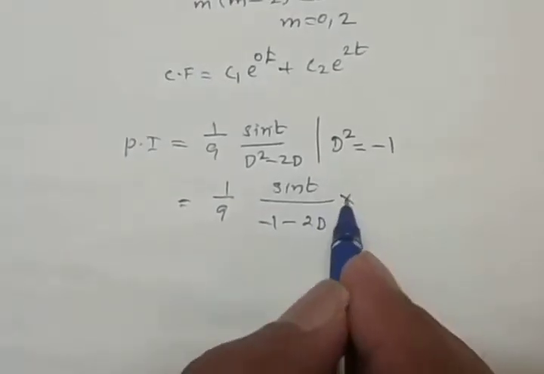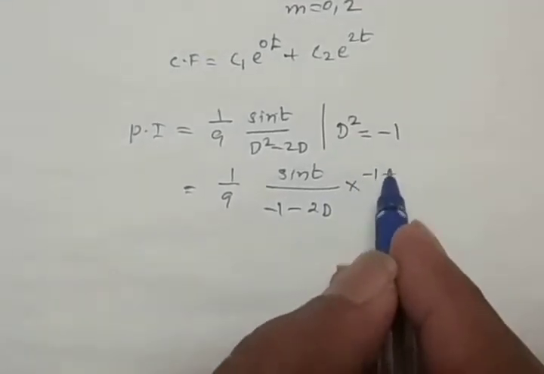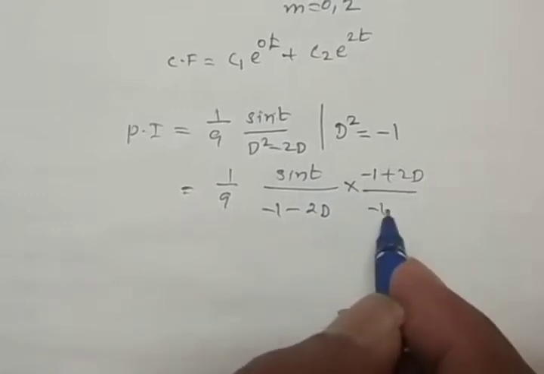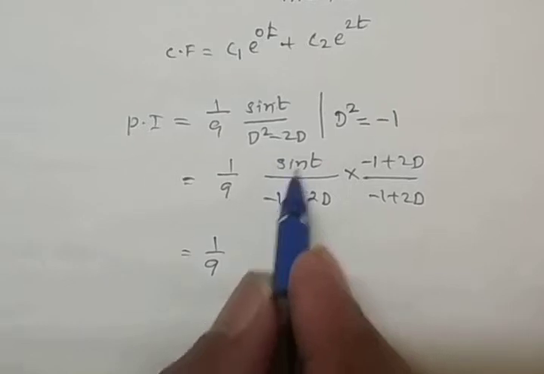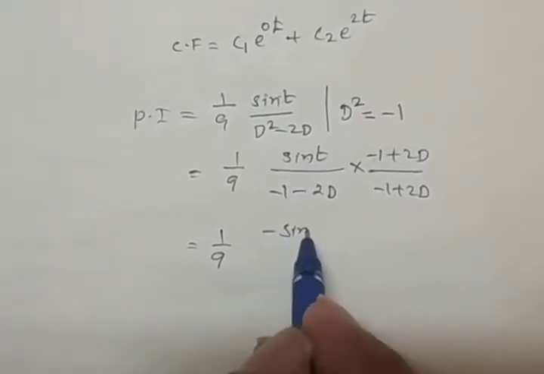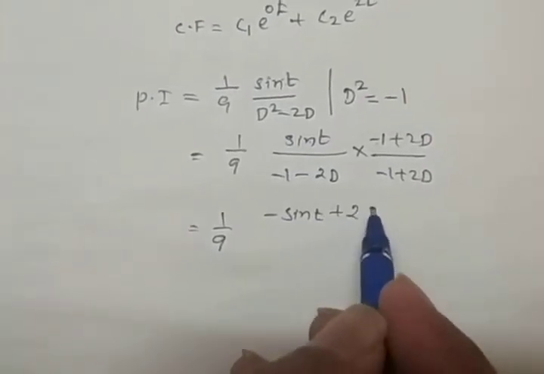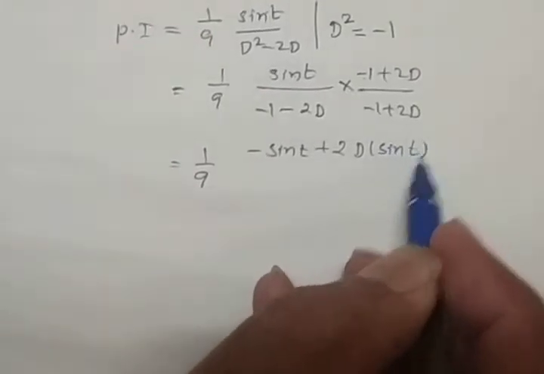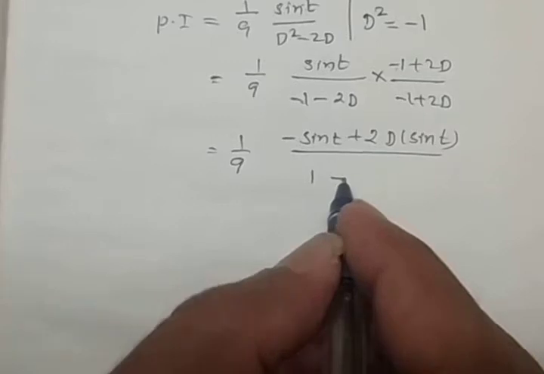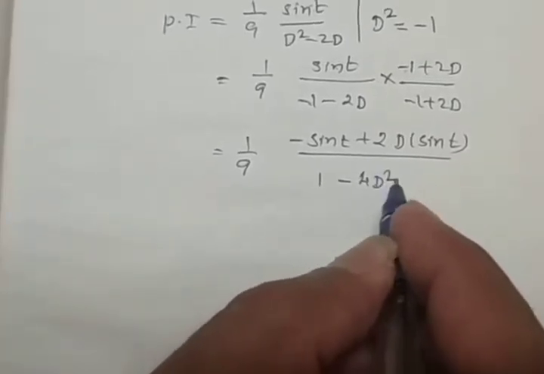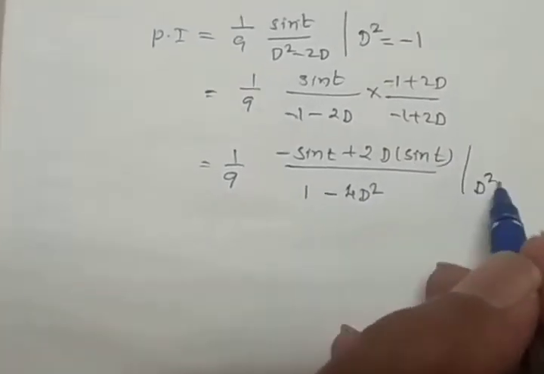Now rationalize this one: minus 1 plus 2D by minus 1 plus 2D. So what we get? Numerator: minus sin t plus 2 times the differentiation of sin t. By this one, minus 1 square is 1 minus 4 times D square. So D square is what?